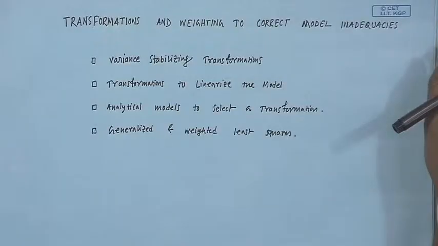In the simple linear regression model or in the multiple linear regression model, we make some basic assumptions on the regression model, like we assume that the error terms have mean 0, constant variance, and they are uncorrelated, and also we assume that the error terms follow normal distribution.